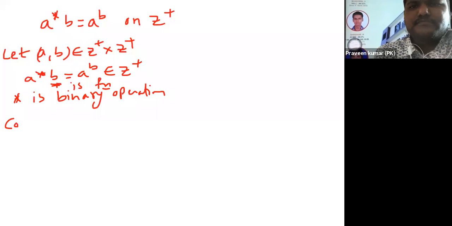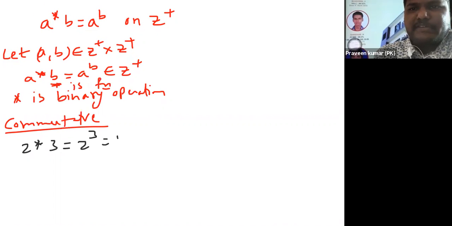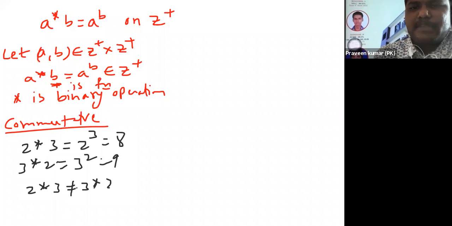Commutative. How to prove commutative? Now I will take two elements: 2 star 3, 2 power 3 is 8; 3 star 2, 3 power 2 is 9. Both are not equal. 2 star 3 is not equal to 3 star 2. Star is not commutative.